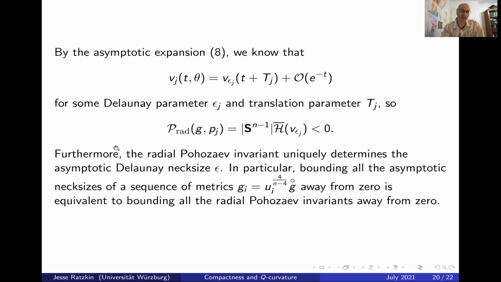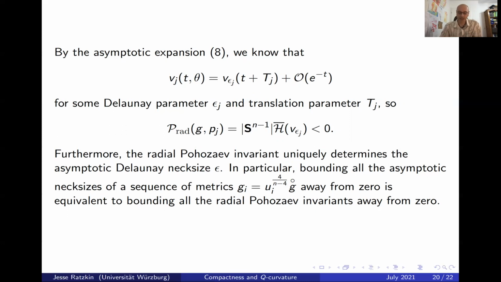By the previous discussion of the Delaunay metrics, we know that in fact the radial Pohozaev invariant at each puncture point will uniquely determine the neck size epsilon_j at that puncture point.